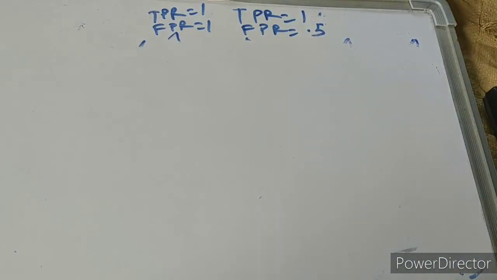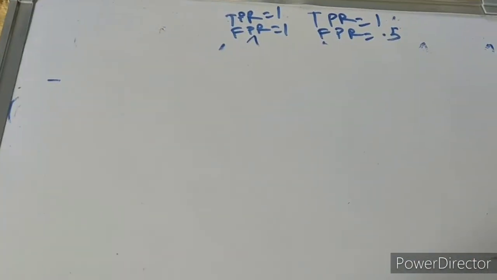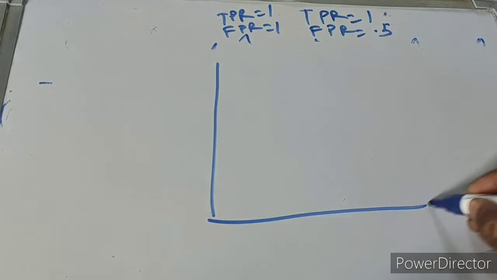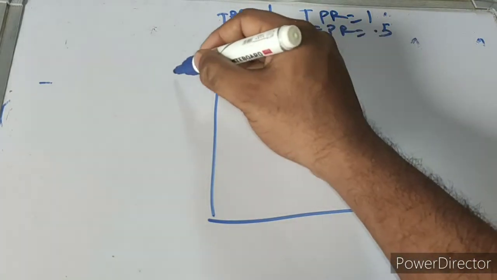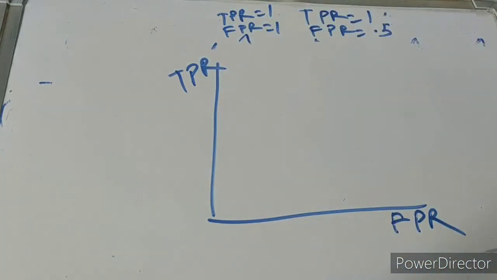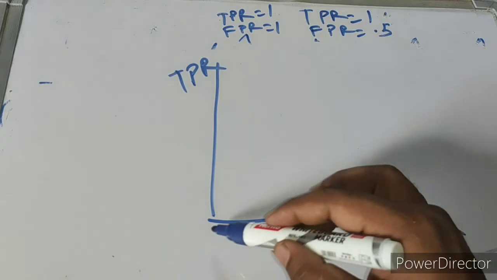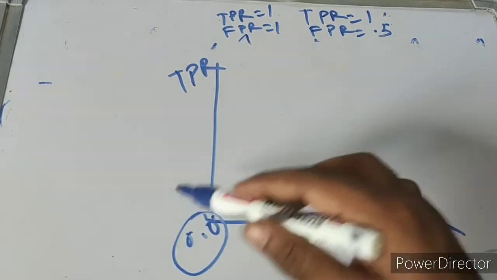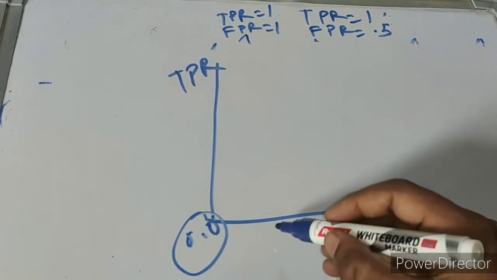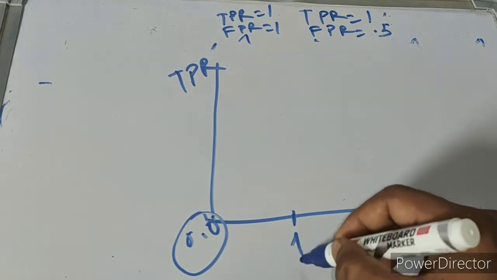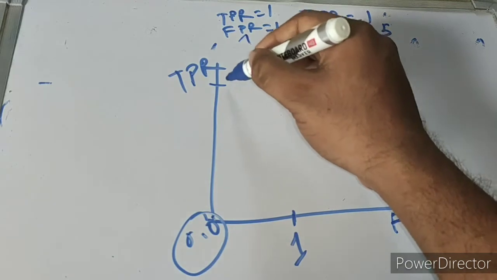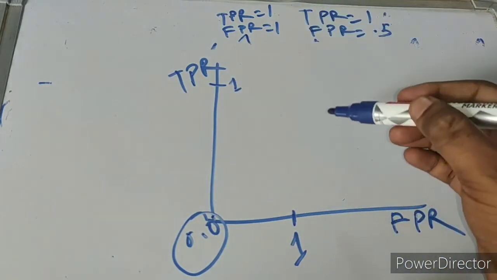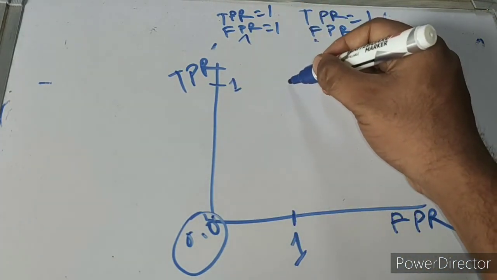In this graph, we take the false positive rate on the x-axis and the true positive rate on the y-axis. Suppose this is 0, and this is 1 and this is 1, because these are the two values, 0 and 1. So here we can find one value.